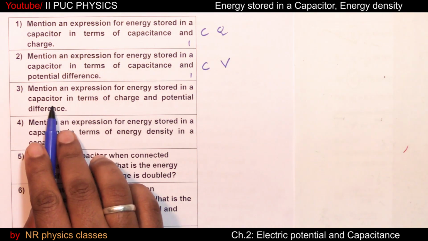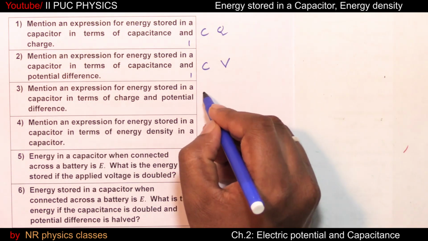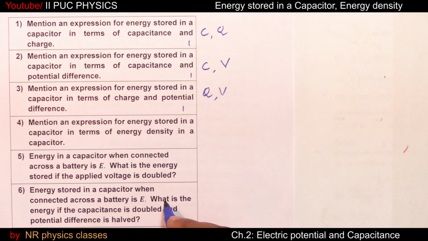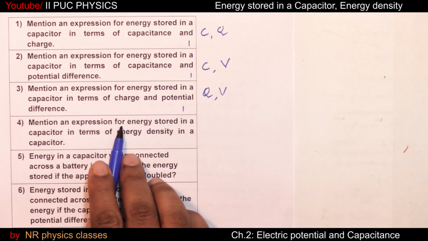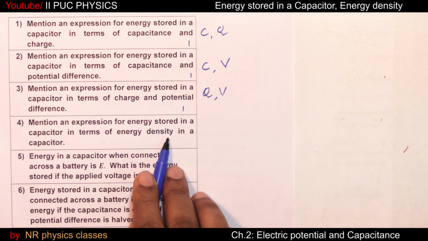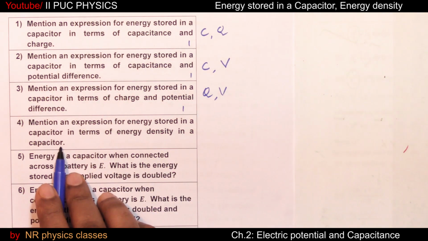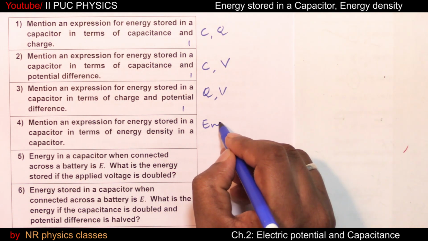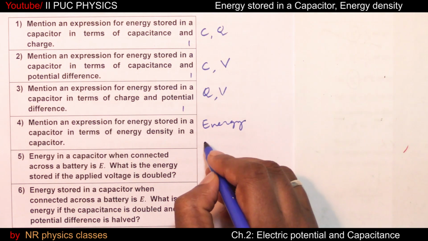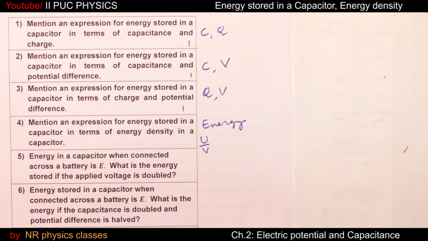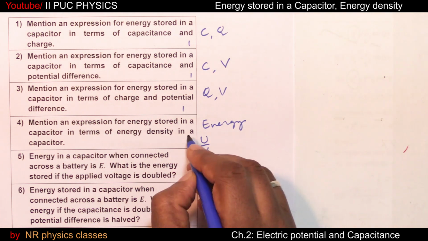Expression for energy in terms of charge and potential difference, again for 1 mark. Mention an expression for energy stored in a capacitor in terms of energy density. Energy density is energy by volume, 1 mark.